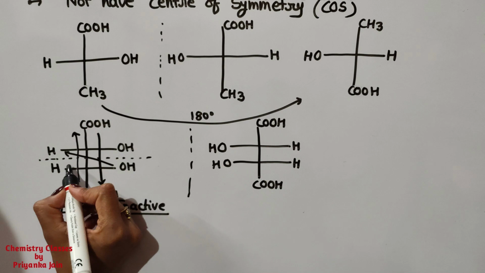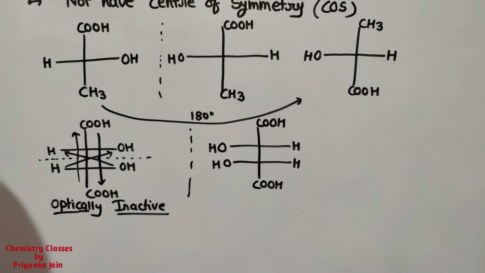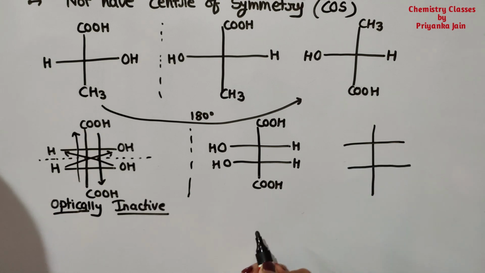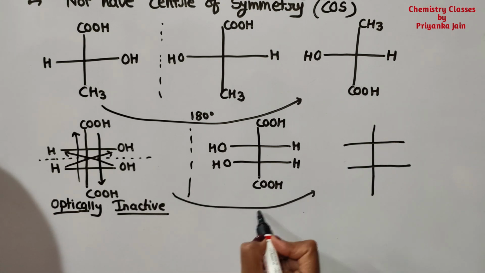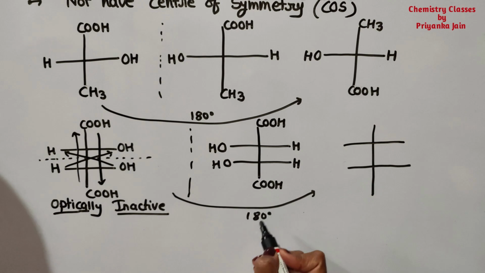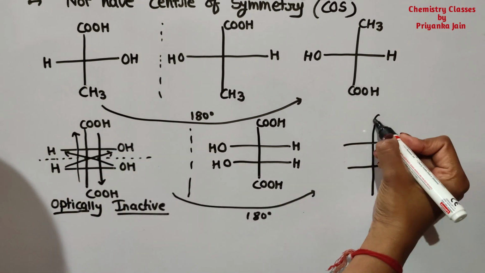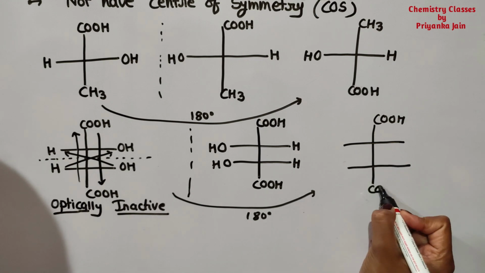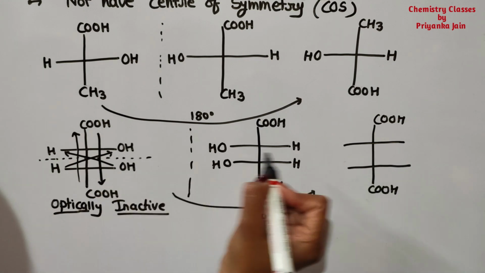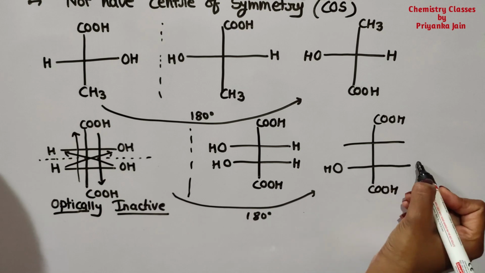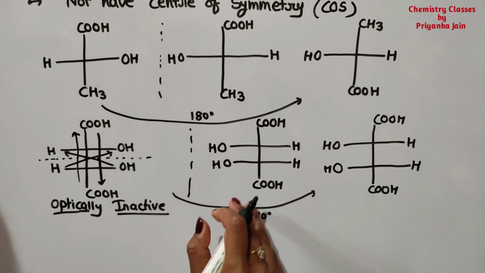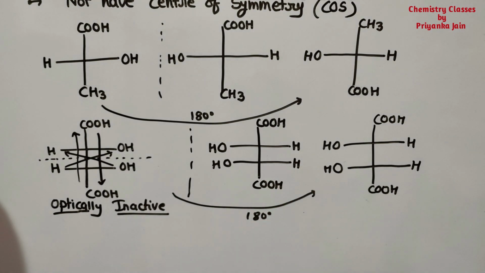This will go here and this will go here in this manner, right. So if we make this by the 180 degree rotation, then what will happen? Here we are getting CHO and here again we are getting CHO, right, and this group will go here, okay, in this manner, right. Now you can match these two molecules.